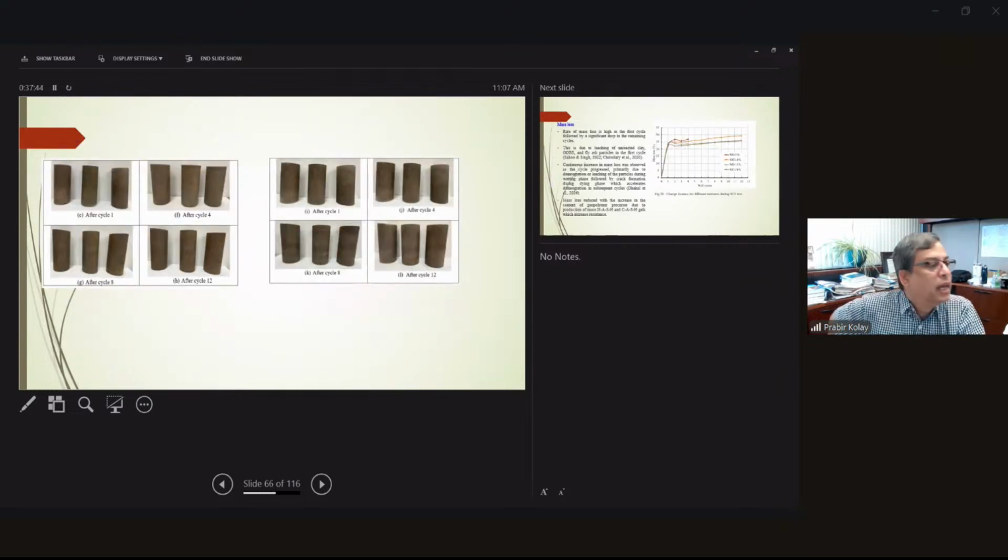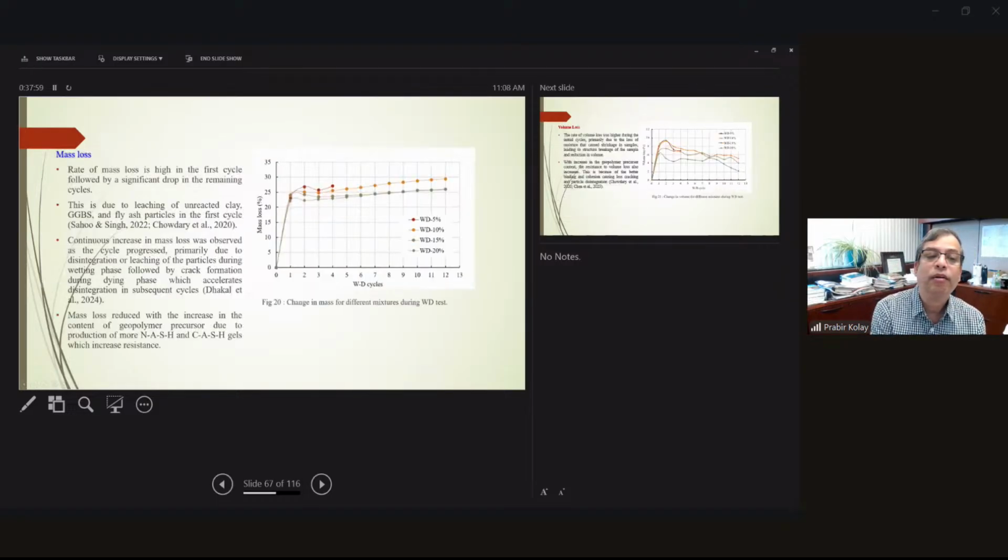This is again some of the pictures after 1 cycle, 4 cycles, and after 8 cycles. What is happening basically for the sample over here?